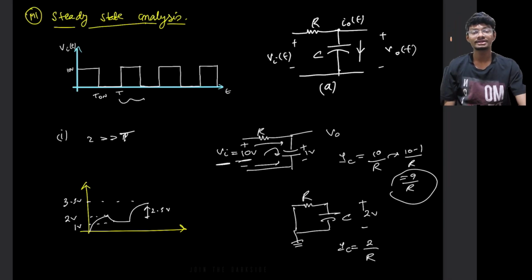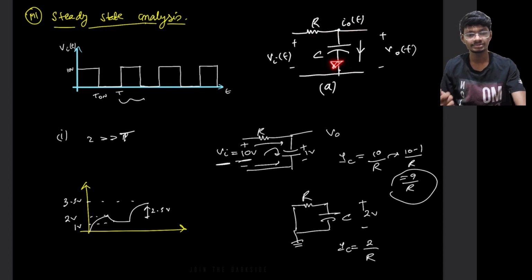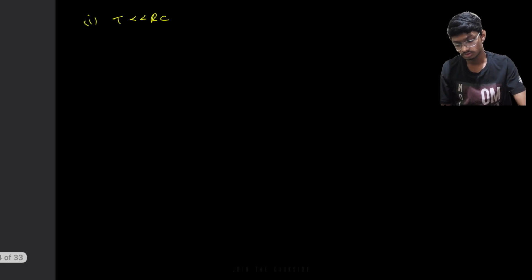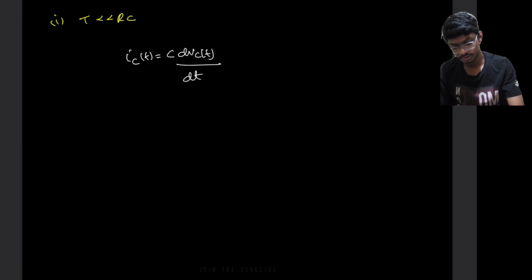Now for calculating the steady state, we have to understand that the average voltage across this cap will be constant. Why? Because at steady state the cap will settle and the average current through it will be 0. We know that IC of t is equal to C dVc by dt. This is the fundamental equation.